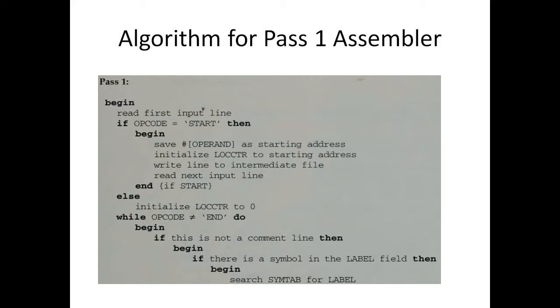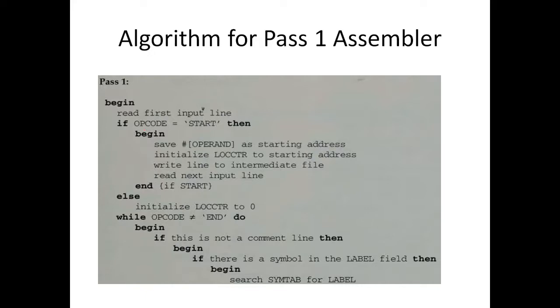Firstly, read the first input line. Your program will contain first a label, next an opcode, and next the operand values. This is the format of having label, opcode and operands.